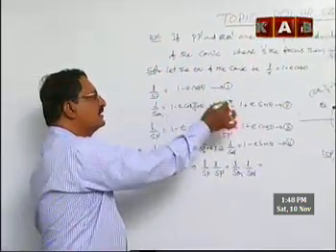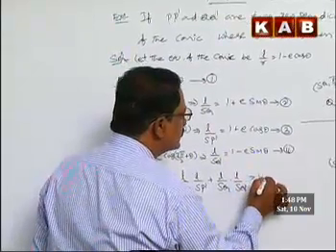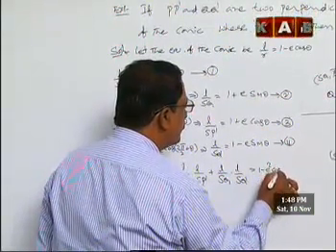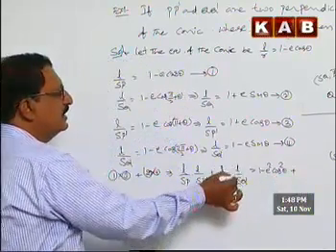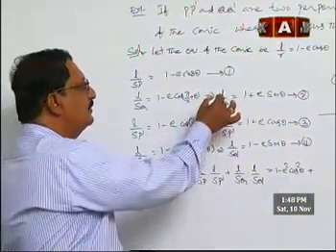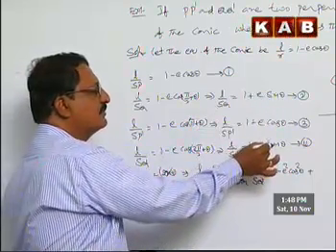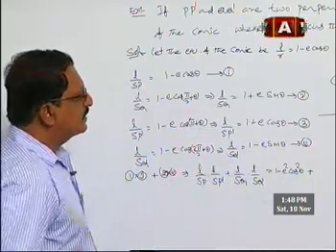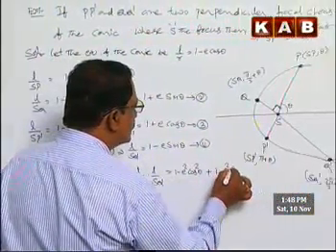Now 1 minus E cos theta into 1 plus E cos theta equals to 1 minus E square cos square theta, plus L by SQ into L by SQ dash. But L by SQ equals to 1 plus E sin theta, L by SQ dash equals to 1 minus E sin theta. Their product equals to 1 minus E square sin square theta.